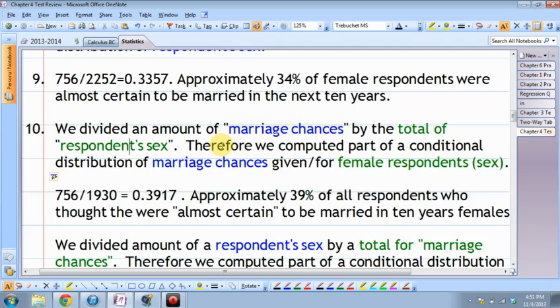So if you divide by either a row total or a column total, you're getting a conditional distribution for the row or column. So, in other words, we're doing a conditional distribution of marriage chances for the females, or given respondent was a female. So it's a conditional distribution.